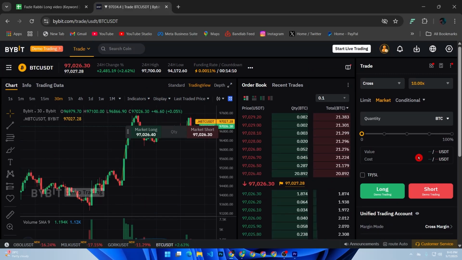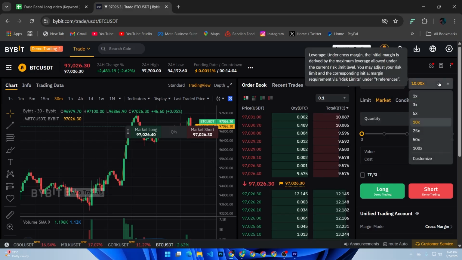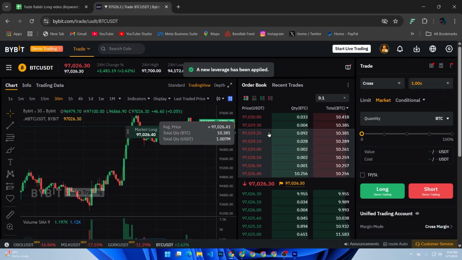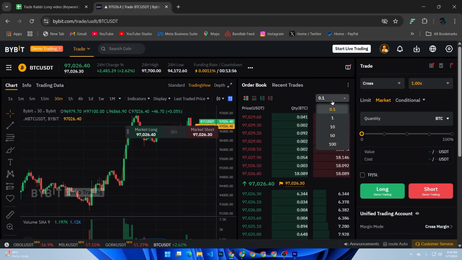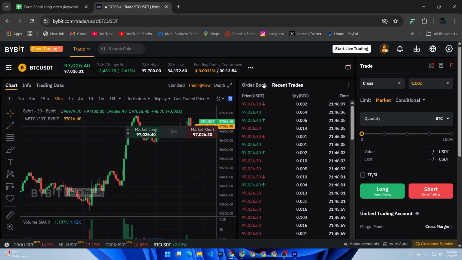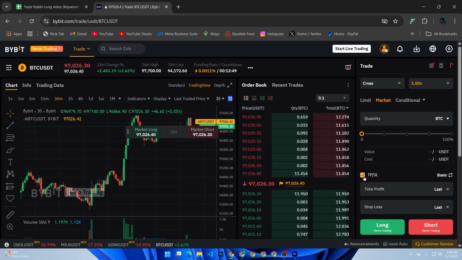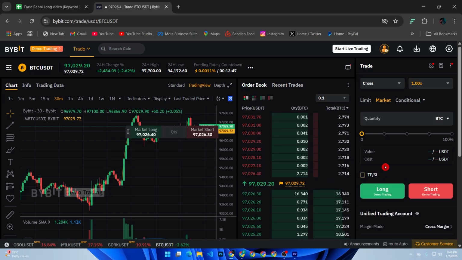Choose quantity, click buy long or sell short. And confirm the order.